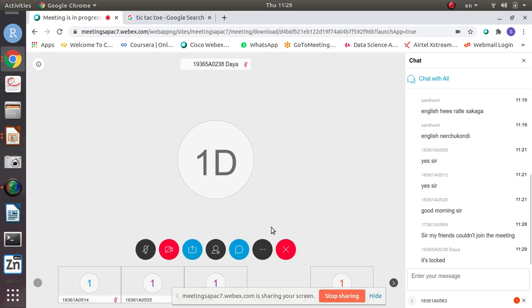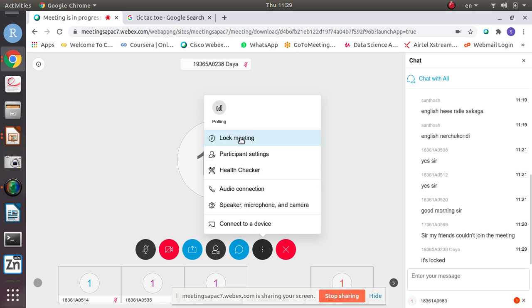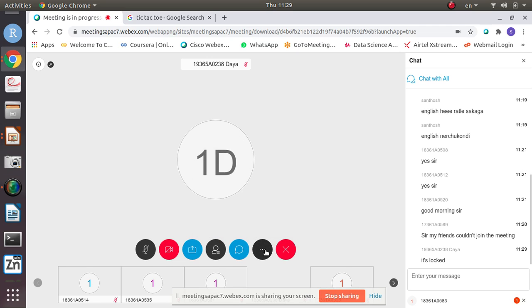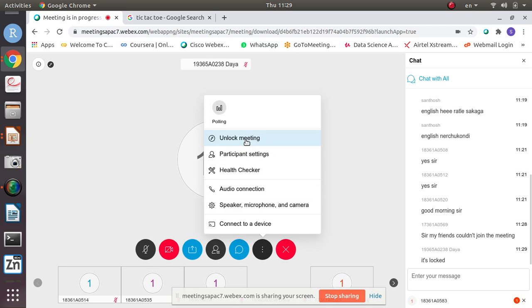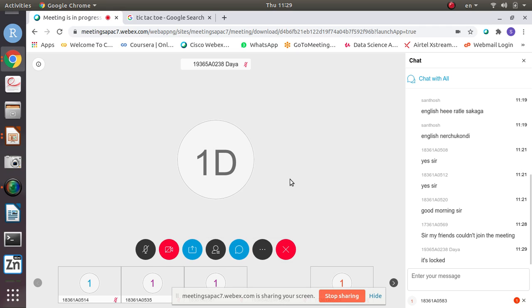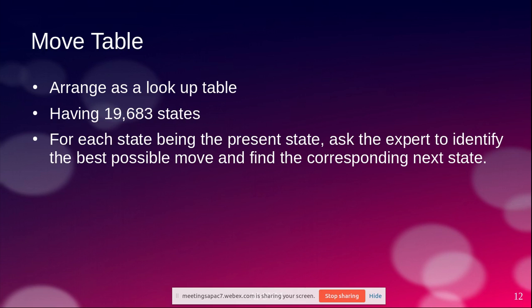And this allows only 100 participants. Yeah, it was unlocked only, nothing locked. Now we have to look for some other way of dealing with this because only 100 participants will be allowed in this. We'll check out.